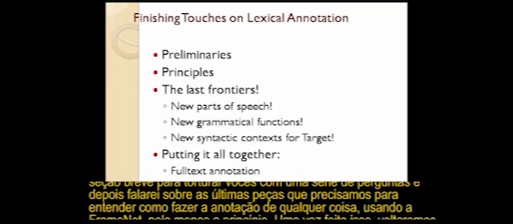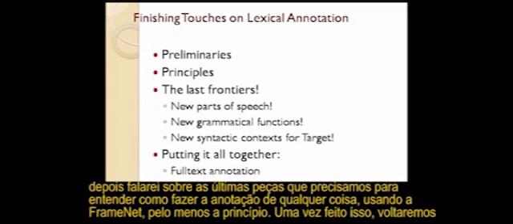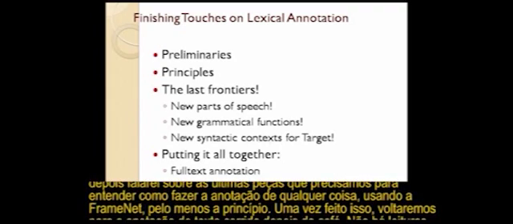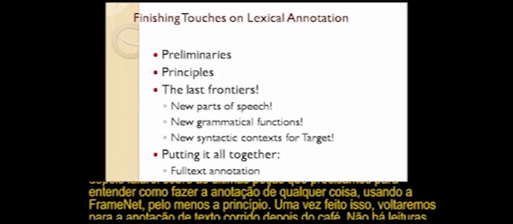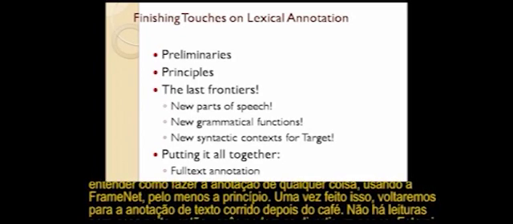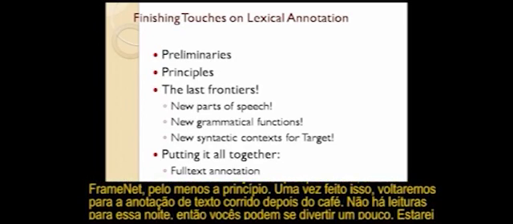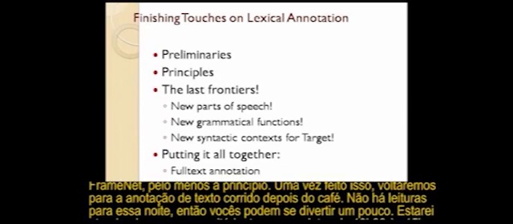And then we're going to talk about the last pieces that we need in order to understand how to annotate anything using FrameNet, in principle. And once we've done that, then we can move on to annotating full text, which we'll do after the break.